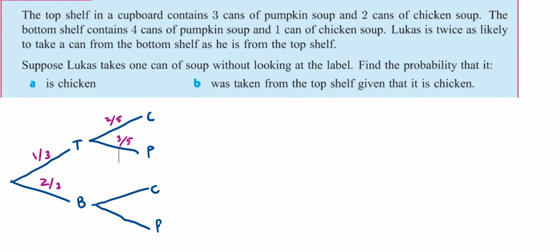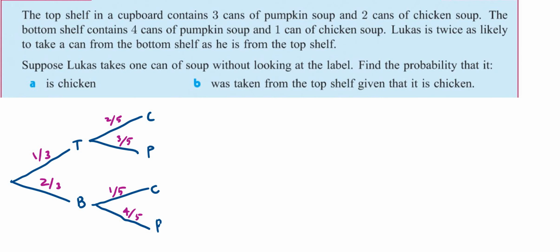On the bottom shelf, there's 1 can of chicken soup out of 5, so 1 out of 5, and 4 out of 5 for pumpkin. So now I have all of my probabilities labeled on my tree diagram, and I can start answering the questions.